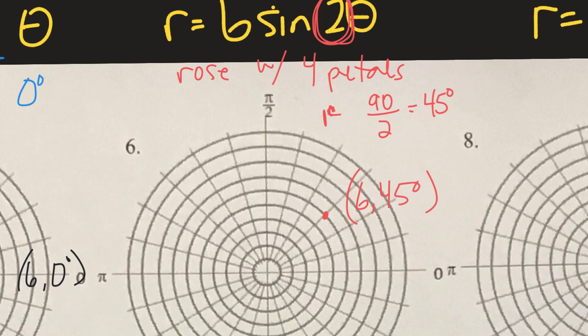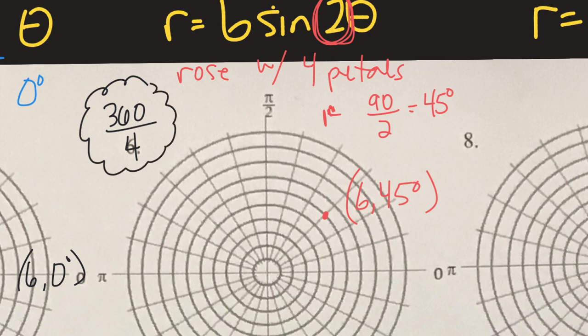And then we have to decide what is their distance in between the petals. This is how we do distance in between the petals: 360 divided by the number of petals. Every petal is 90 degrees apart.